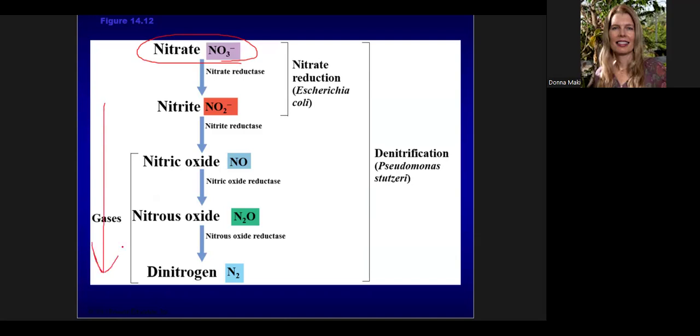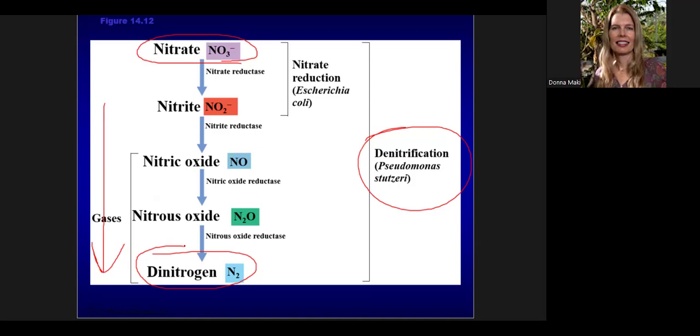along any point along the line, you start calling this process denitrification. And if you look up the definition, they usually say it's going from nitrate all the way to dinitrogen. Okay, dinitrogen. And so I would like you to know denitrification. So the nitrification portion of that word, we usually think about nitrate.